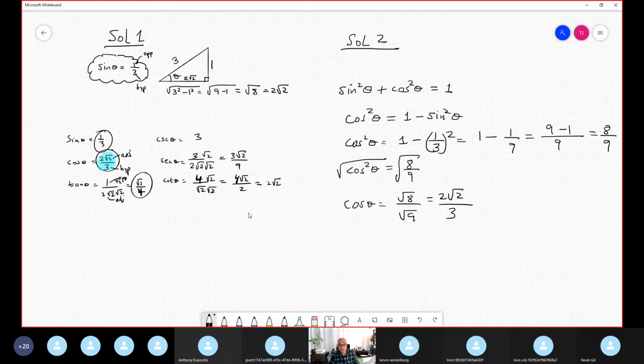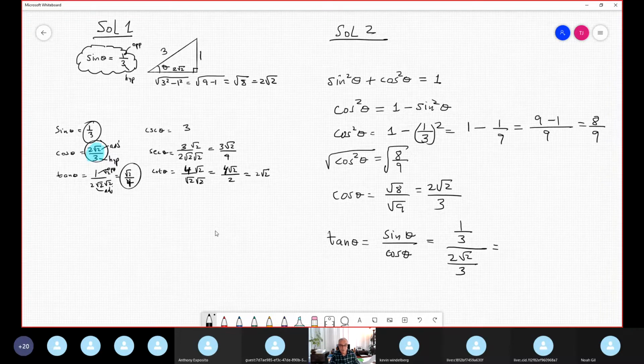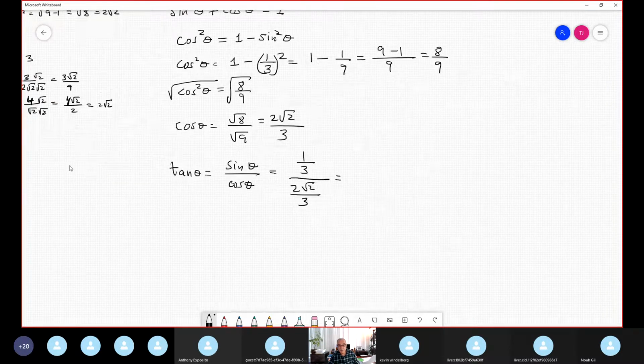Now, suppose tangent. Tangent, you know, is sine divided by cosine. It's another identity, the tangent identity. Sine is given, it's 1/3, and cosine I computed before, it's 2 radical 2 over 3. You divide two fractions: 1/3 times 3 over 2 radical 2.